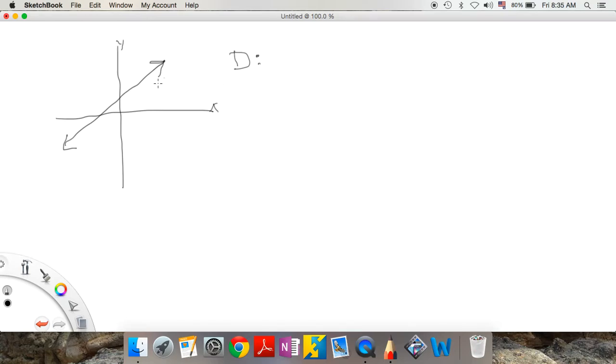We ask what x values are possible. Anything on this graph is possible. This is the real plane, so all real numbers are the domain. Remember, this funny looking R means real numbers. So the domain is the set of all real numbers.